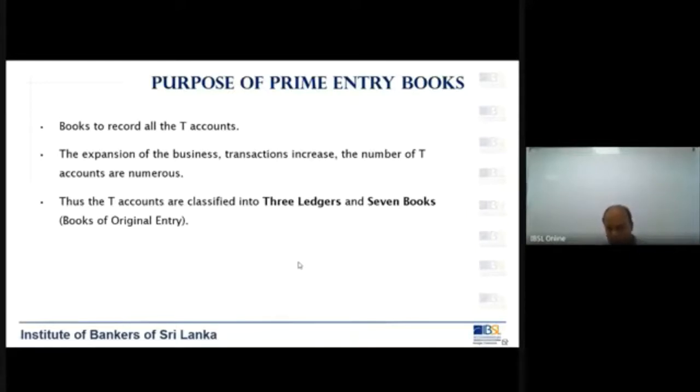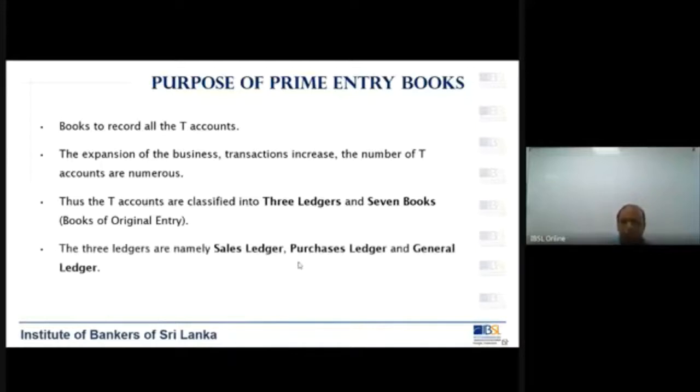We call them 7 day books or books of original entry. You can call it prime entry. So what are the 3 ledgers? Firstly, we have to learn about the sales ledger. Then the purchases ledger, and most importantly, the general ledger.